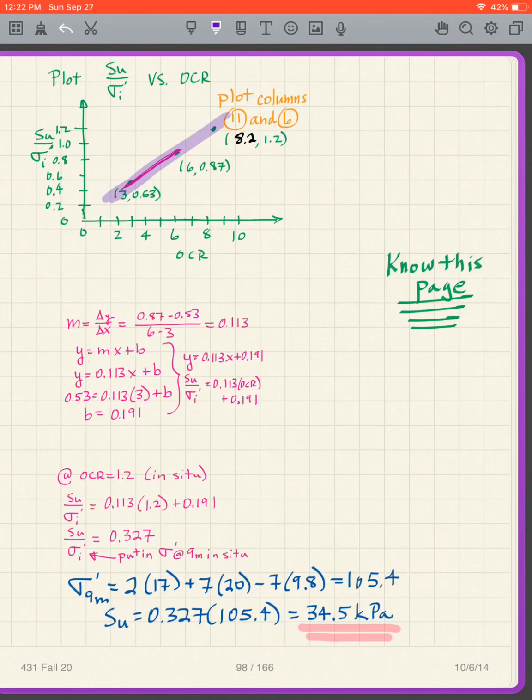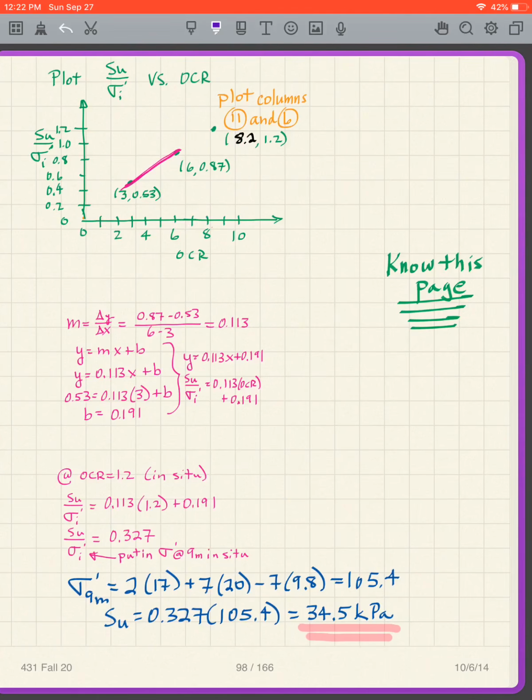It's not a straight line, but what I'm going to do is work with these last 2 points and extend this backwards so I can get to 1.2 on the OCR. That's my goal. I don't want to use these other points because they're too far away. I'm just going to take these 2 points, and assume it's a straight line from there to there.